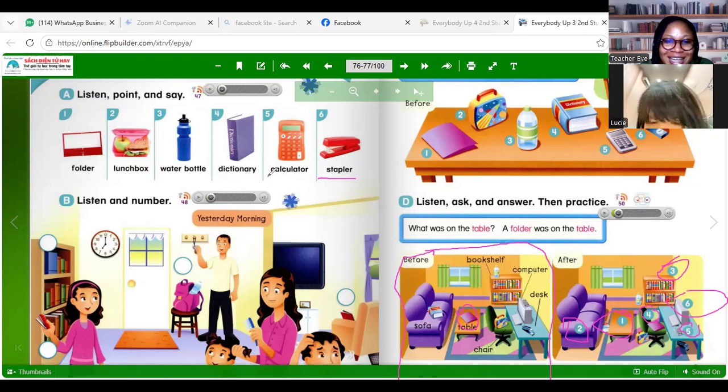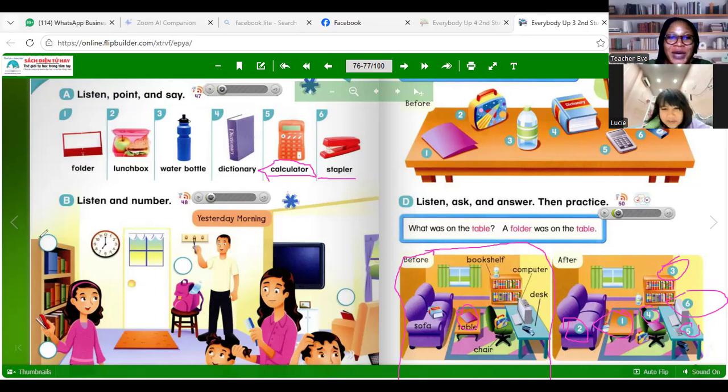Try again. Look at the word. Calculator. Good. So you say, what was on the computer? A calculator was on the computer. Nice one.